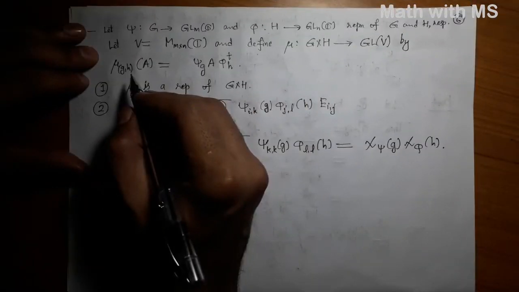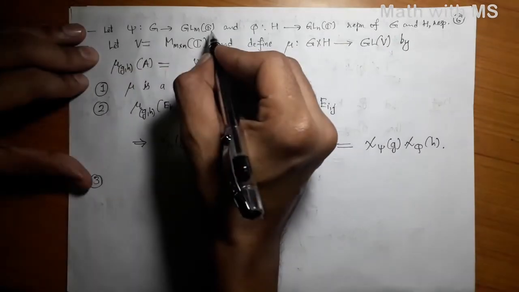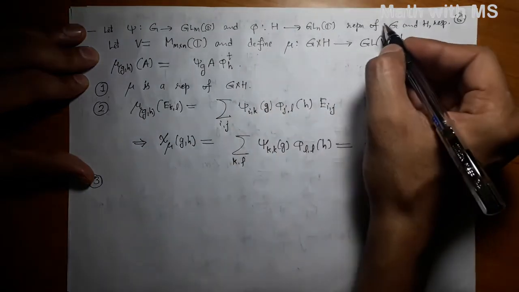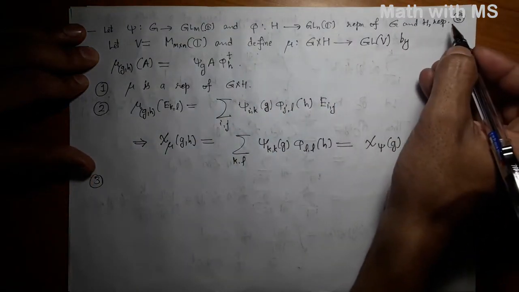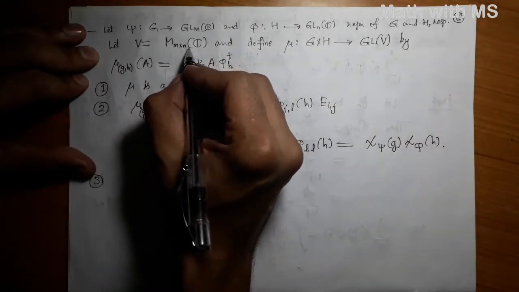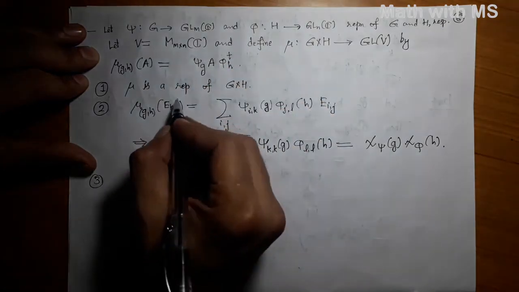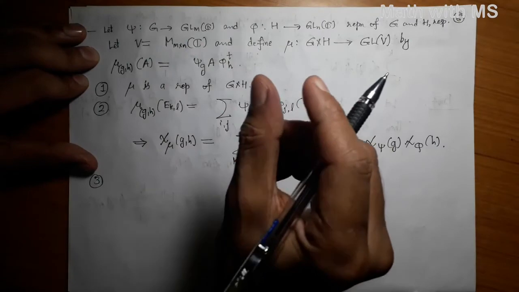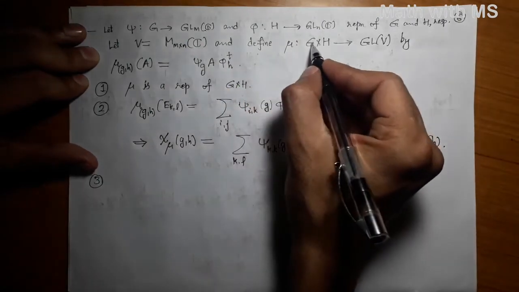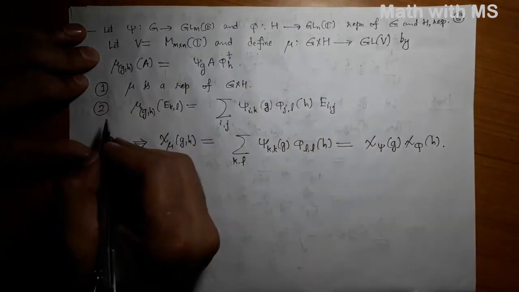Let us generalize the preceding example to a product of groups. So let psi from G to GL_m(C) and phi from H to GL_n(C) be representations of G and H respectively. Let us take V to be the vector space of all m by n matrices over C with the standard basis consisting of matrices E_KL, which has 1 at the KLth position and 0 everywhere else, and define a map mu from G cross H to GL(V) by the following rule.